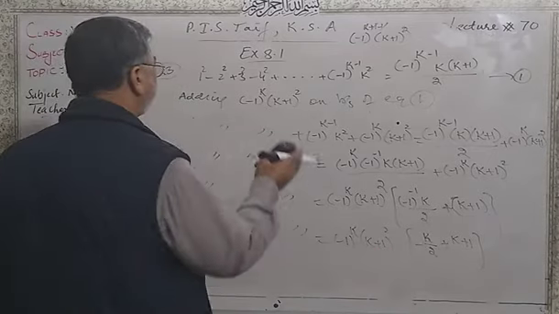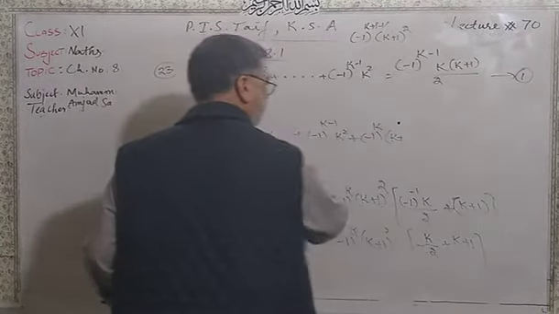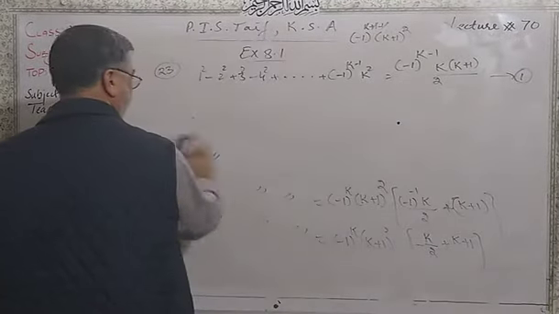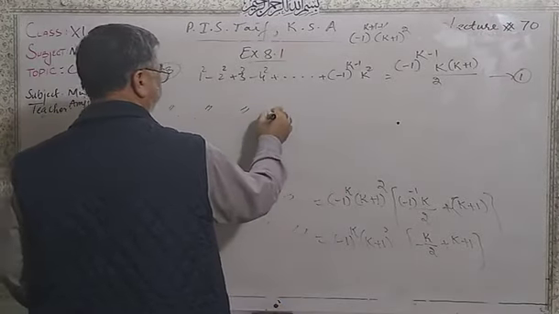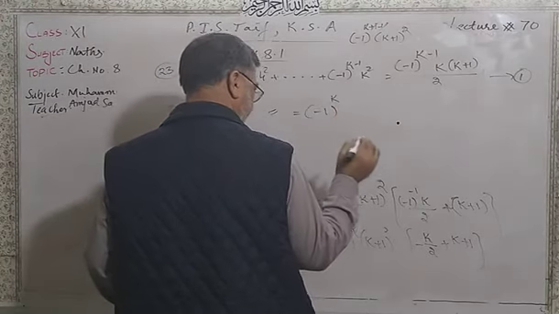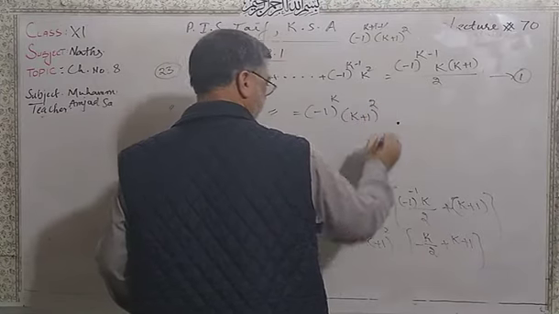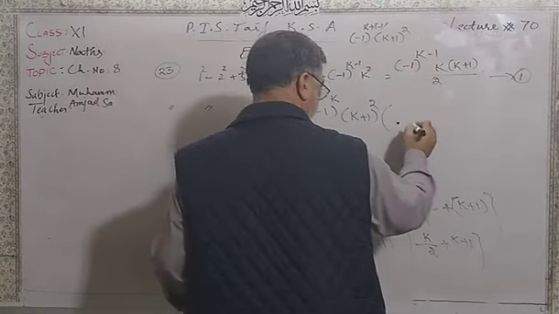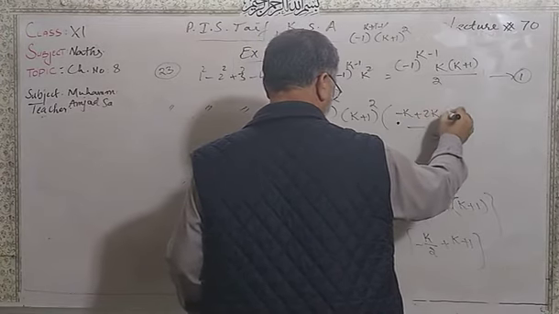After that we will have the right hand side; the left hand side is already made. This is (−1)^k (k+1)² into 2 LCM, minus k plus 2k plus 1.